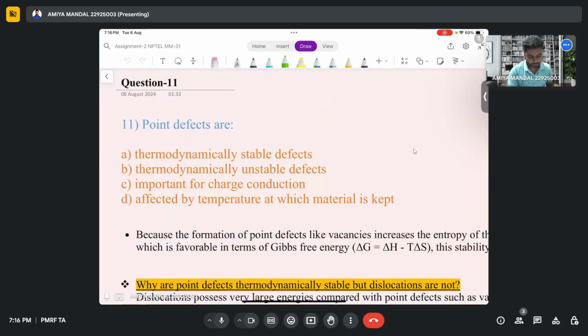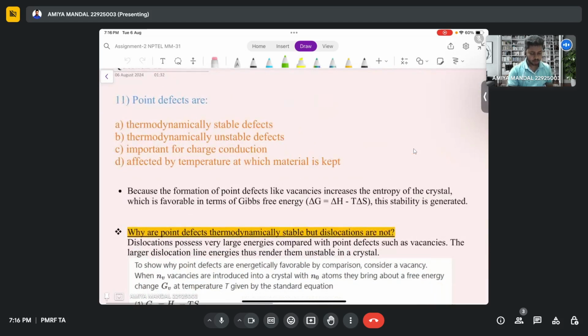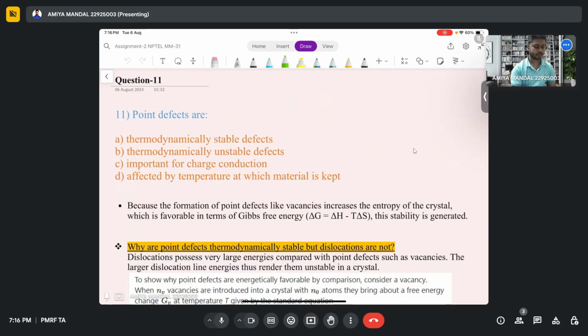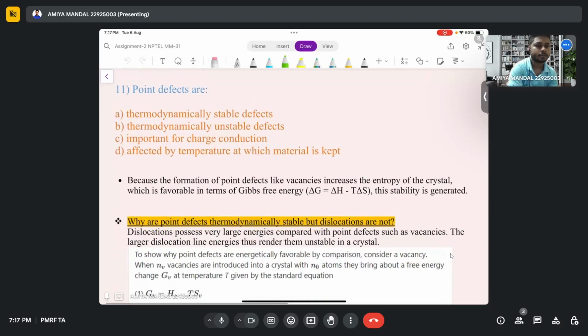Question number 11 is on point defects. Point defects have four options.